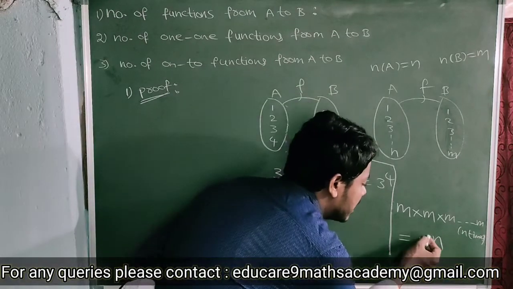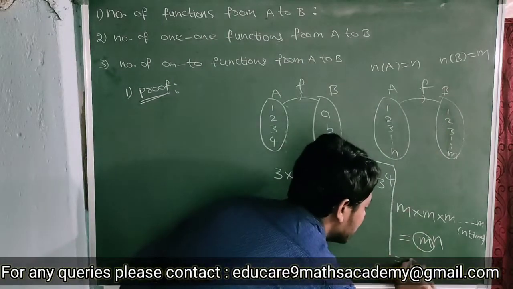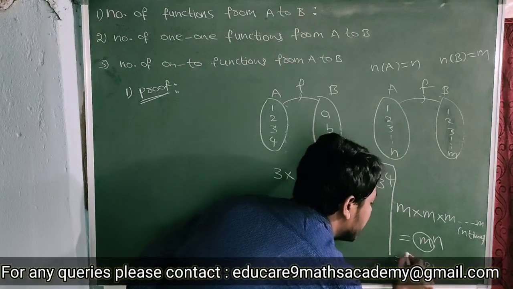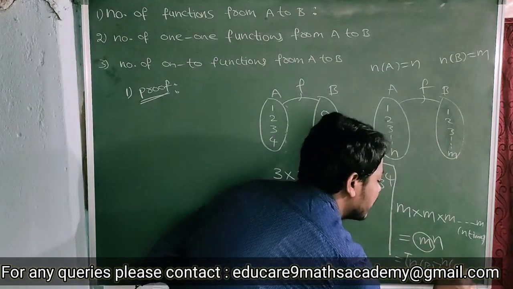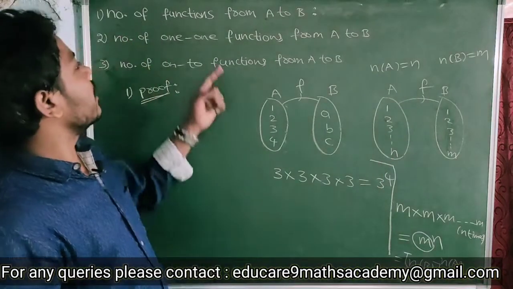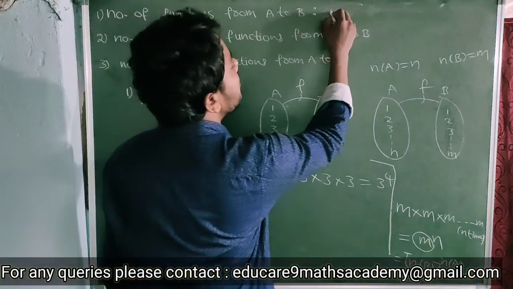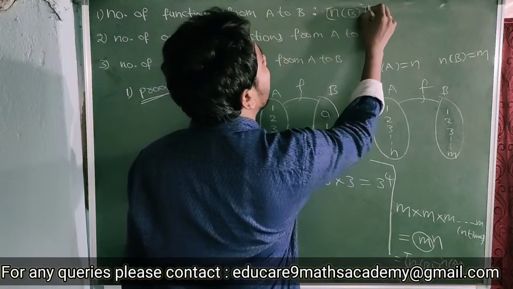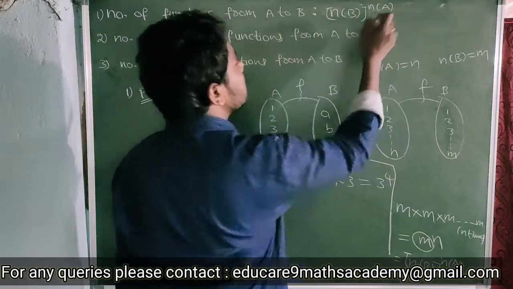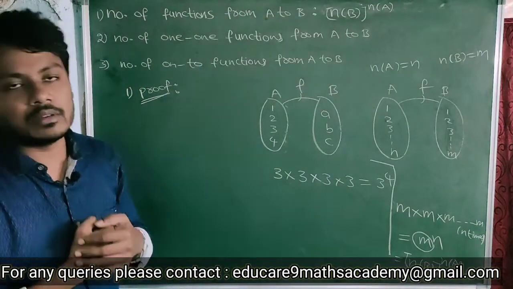Here m is the number of elements in B and n is the number of elements in A. Therefore, number of functions from set A to set B is the number of elements in B to the power of the number of elements in A. So this is the formula for the number of functions from set A to set B.